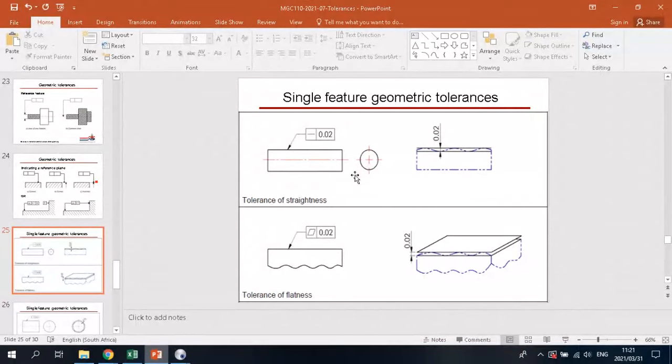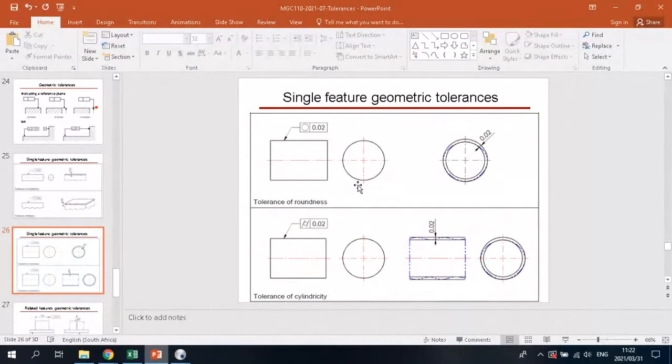So basically, let's quickly have a look. The straightness geometric tolerance says this surface, the one I'm pointing at, must be straight within 0.02 millimeters. So if I go from the highest to the lowest point on that surface, the variation must be less than 0.02 millimeters. Flatness is basically just straightness in two directions. So it shows that the highest and the lowest point must be within 0.02 millimeters of each other.